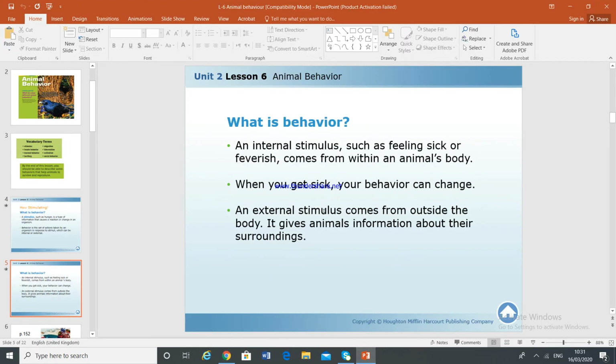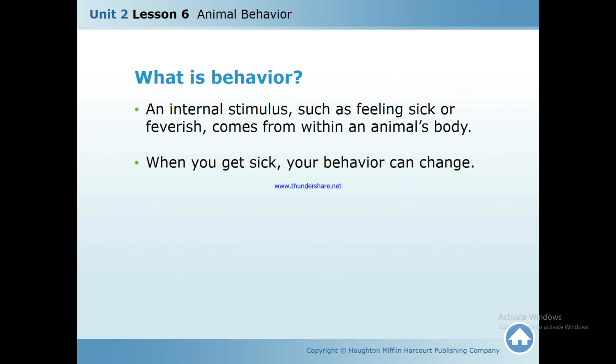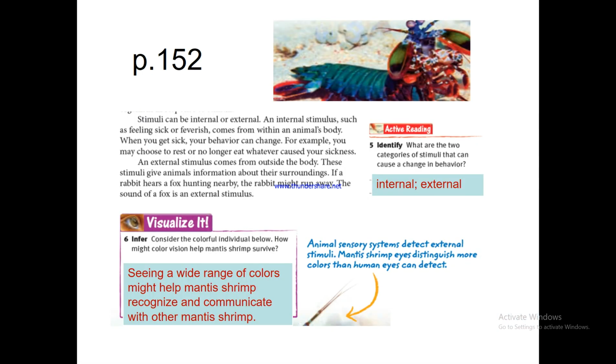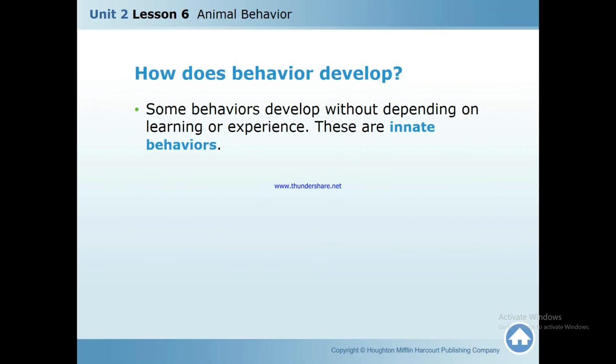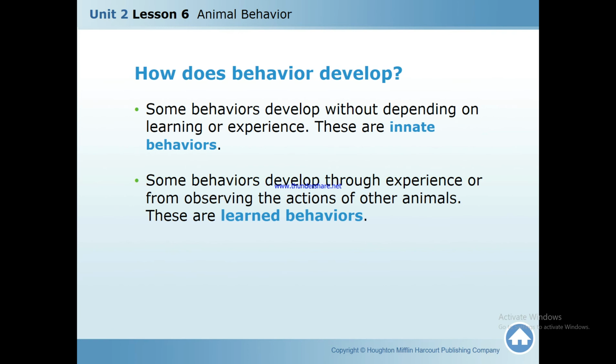Okay guys, so you have seen, after knowing about internal and external stimulus, what we need to know next is how behavior develops. So we have two types of behavior developing inside. One is the innate behavior and the second is the learned behavior.